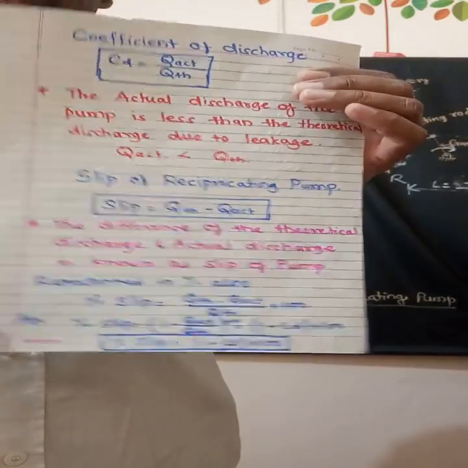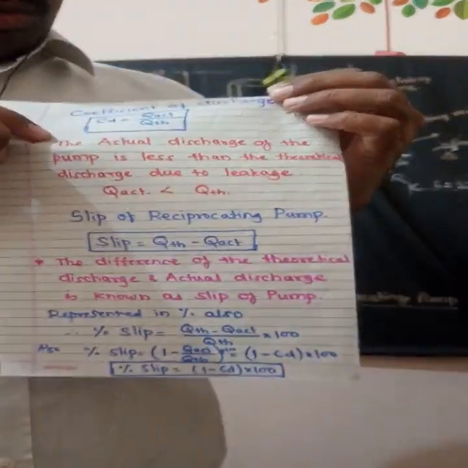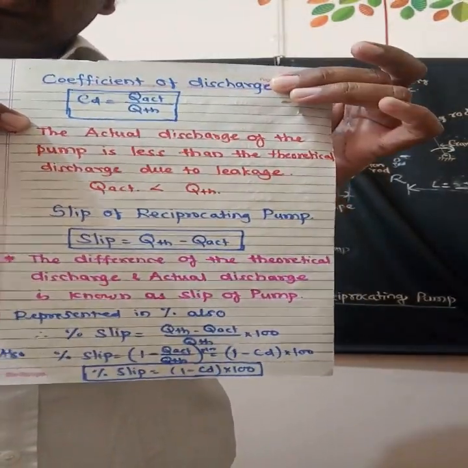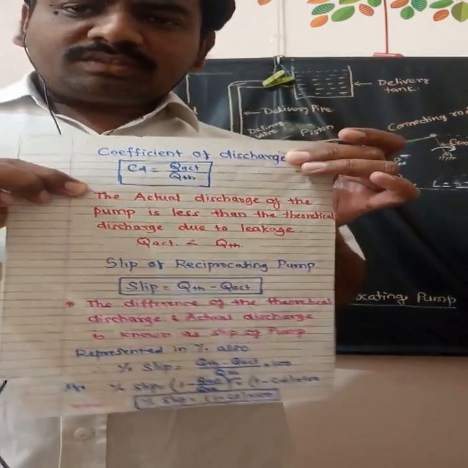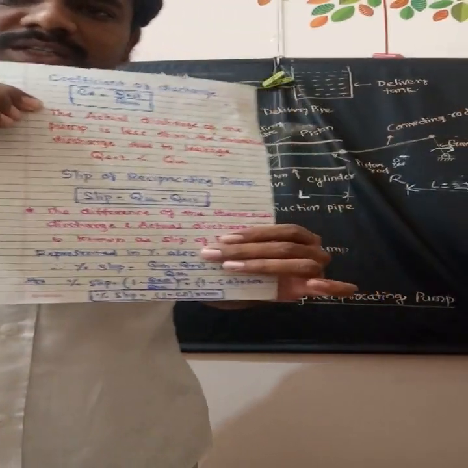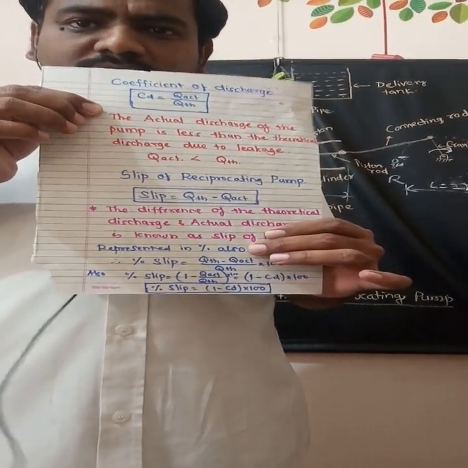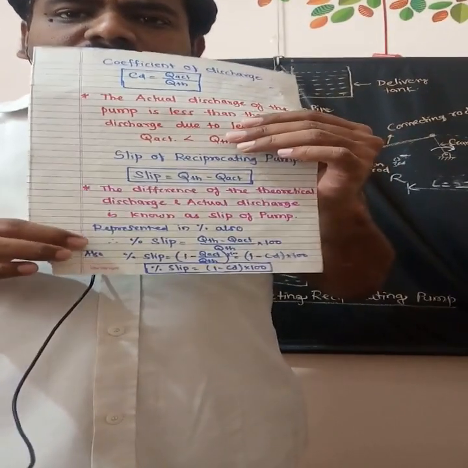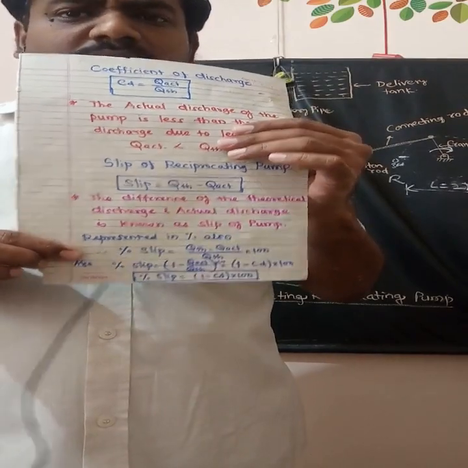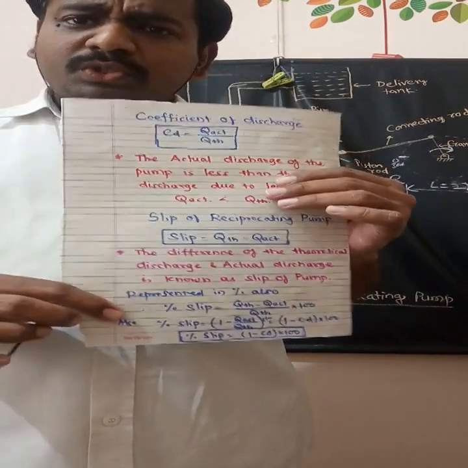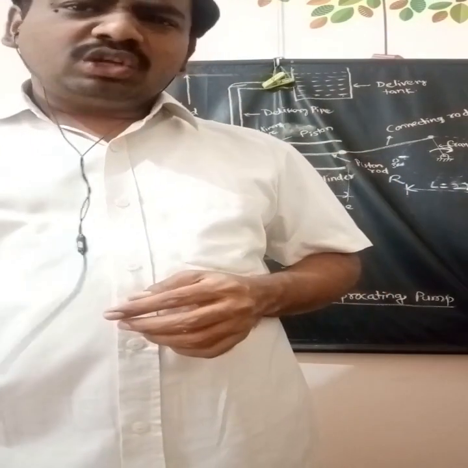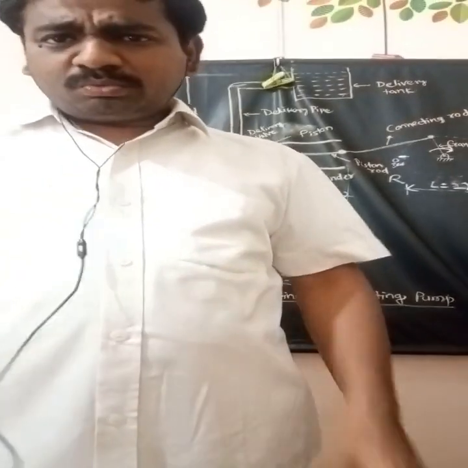Here the coefficient of discharge is actual discharge upon the theoretical discharge, and the slip is theoretical discharge minus the actual discharge. So according to this equation, the value of slip will be positive, right? But is there any possibility that the value of the slip is going to be negative?